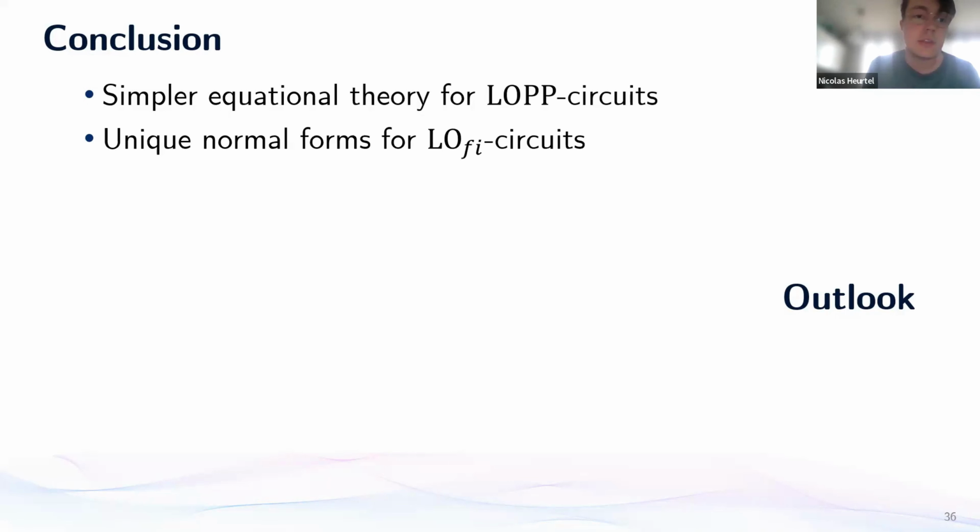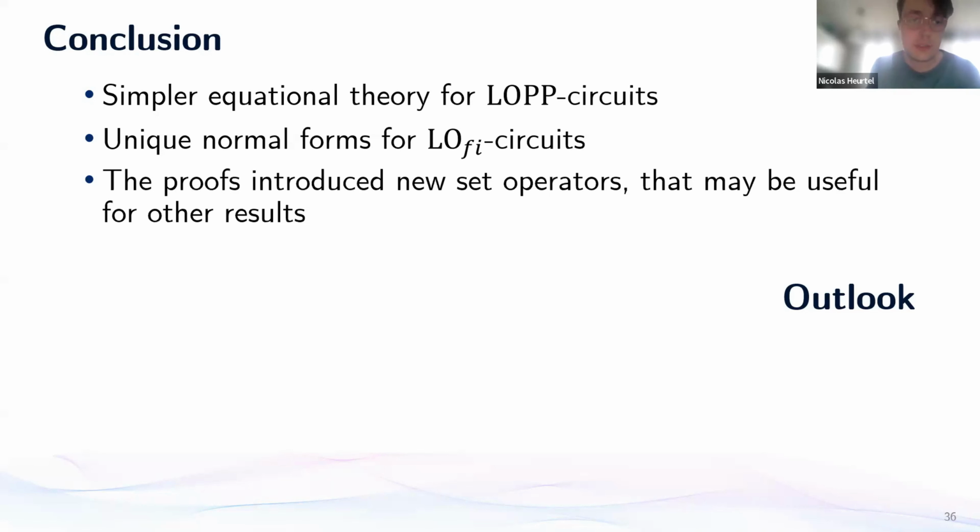So basically, for linear optical circuits with ancillary sources and detectors, we now have the uniqueness of the form and the proof of uniqueness. The proof also introduced the omega basis and the delta basis, which have both their own pros and cons. The pro of the omega is that it's quite intuitive. The pro of the delta is that it's useful to prove things.